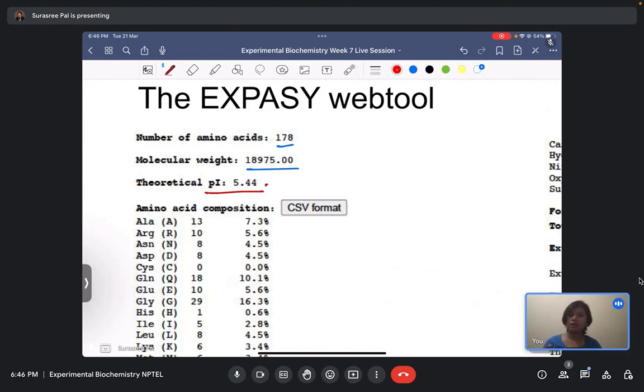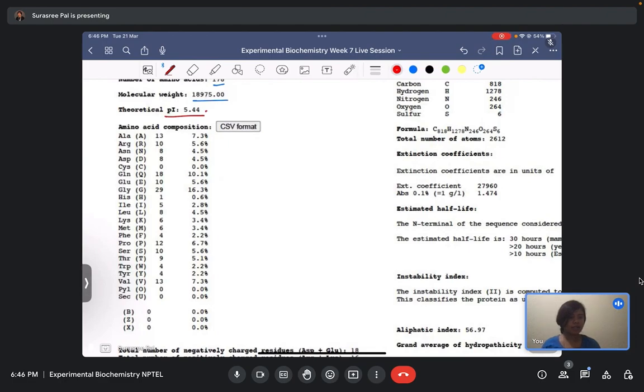So by putting the amino acid sequence in this server, we can calculate the pI of all the proteins. Now it also gives us the amino acid composition, which means it is showing us how many amino acids are present and which amino acids are present more and which are less.